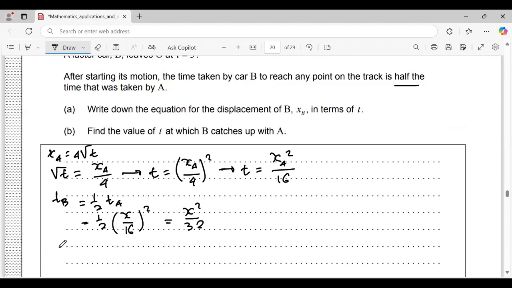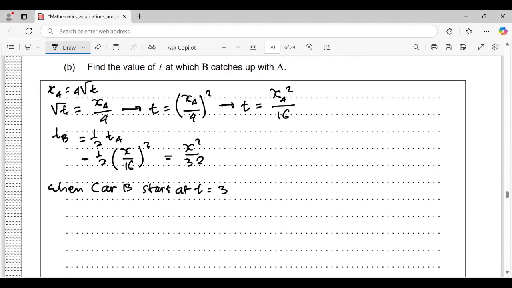When car B starts at t equals 3, it means TB minus 3 equals x squared over 32.